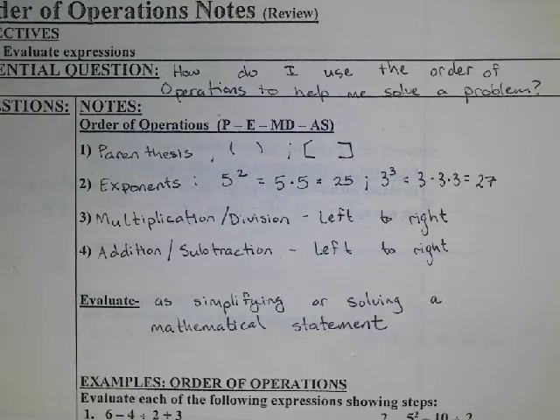So when we're evaluating something, we're simply trying to take something that looks like it has a bunch of numbers with some operations in between them, and then we'll use those operations to get us down to essentially our answer.